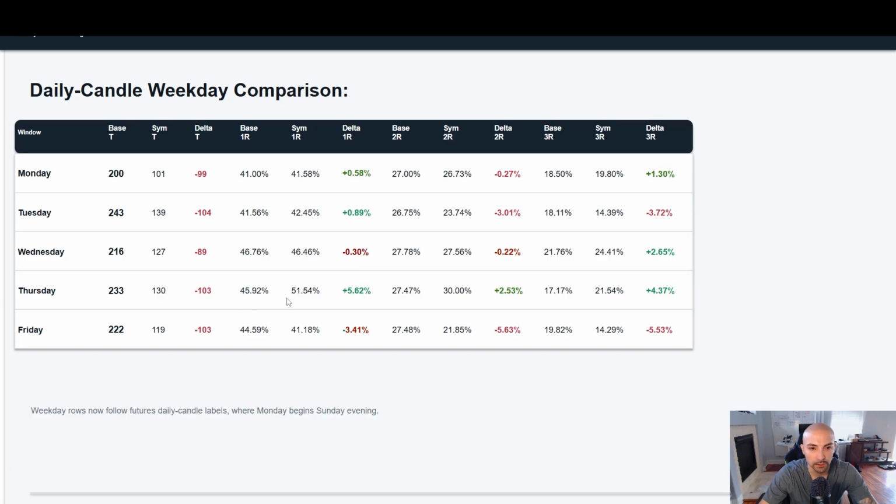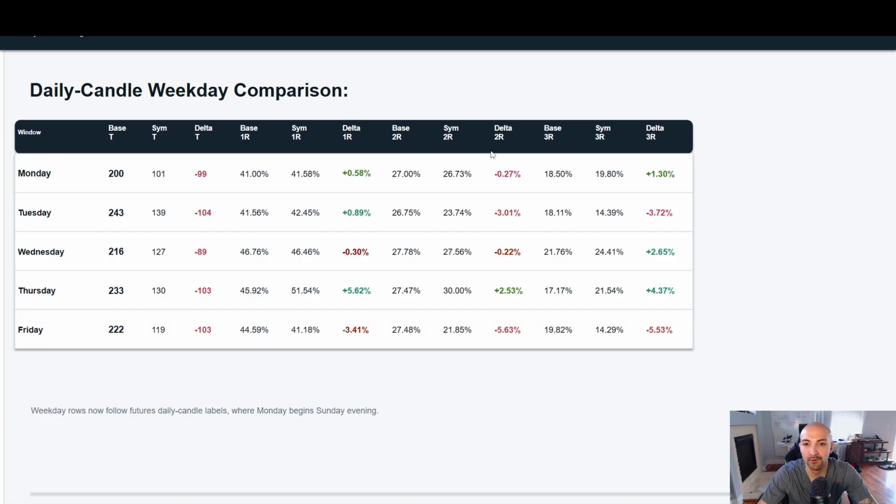And it looks like Thursday had the best improvement. Wednesday looked pretty good. Thursday had the most improvement from symmetrical versus just the regular baseline. And that was just over 50%. To me, in my opinion, anything under 50%, you might as well take your money and go to the casino, especially for a 1R.